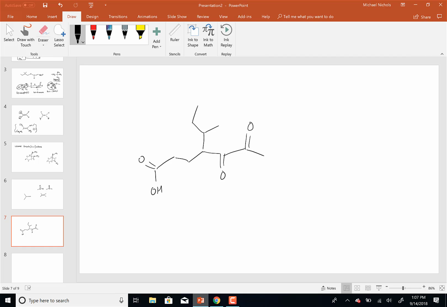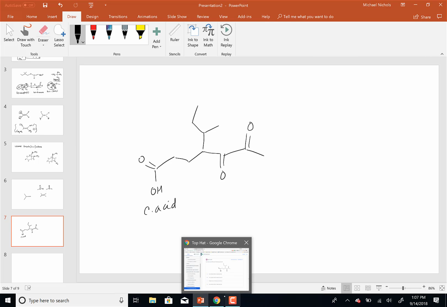So, again, when we're starting this, what do we have to think about? We should know what functional groups are in the molecule so that we can look at the chart and see what's the highest priority one. So what functional groups do we have? Carboxylic acid. That whole thing is the carboxylic acid. What else?